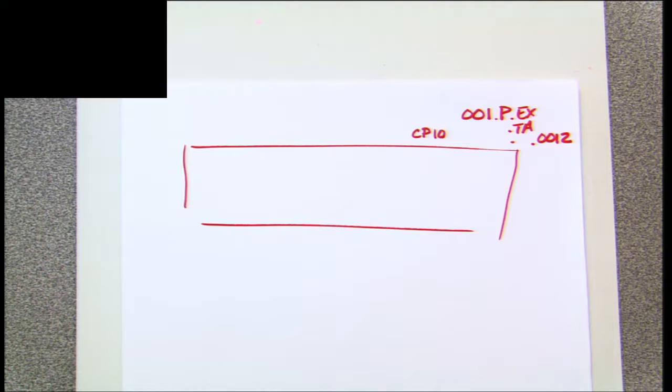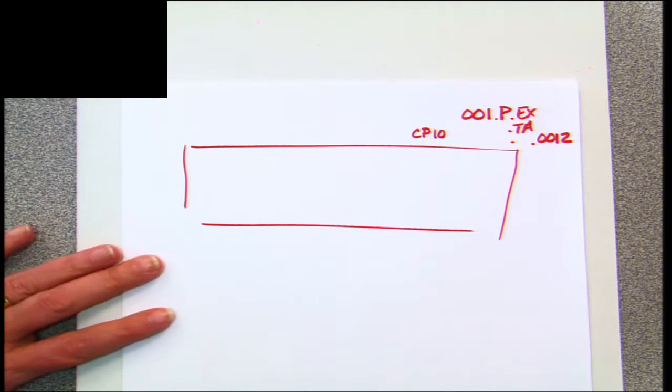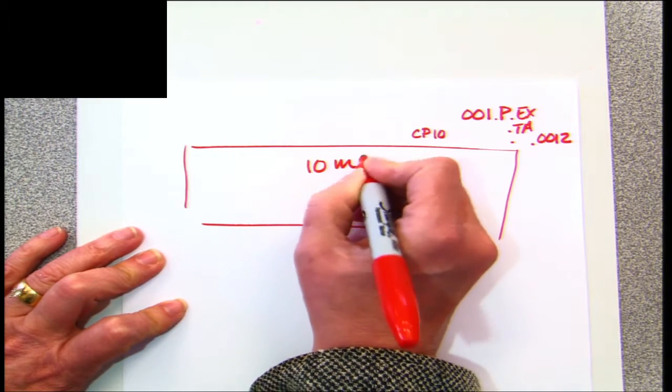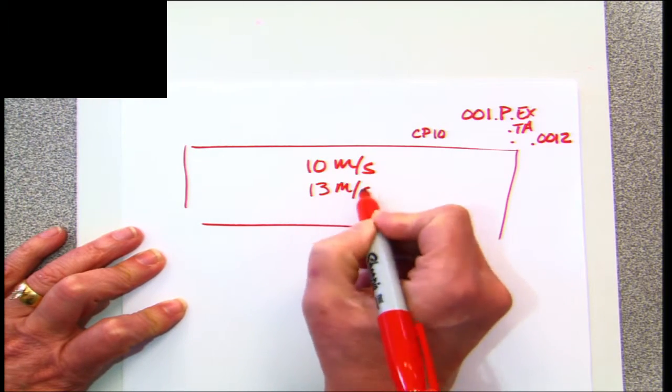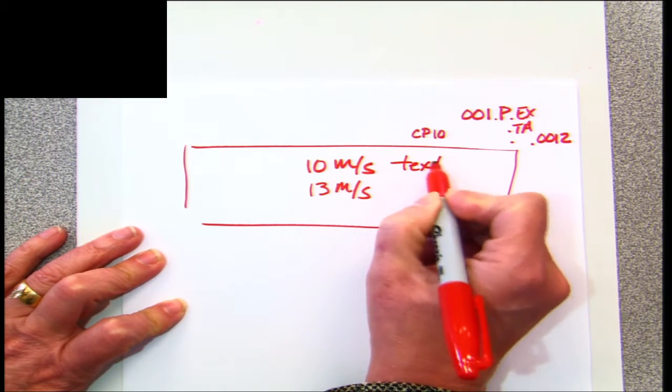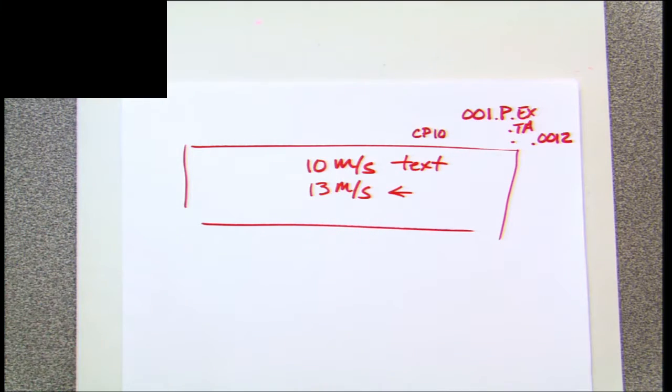What WebAssign is going to do is, if the text says that this is at 10 meters per second, WebAssign may say that this is 13 meters per second. So this is the text value, that's the WebAssign value. Well, if I can work the problem using the text value and solve it, then I've already figured out the method, and now I can just go in and change the variable.